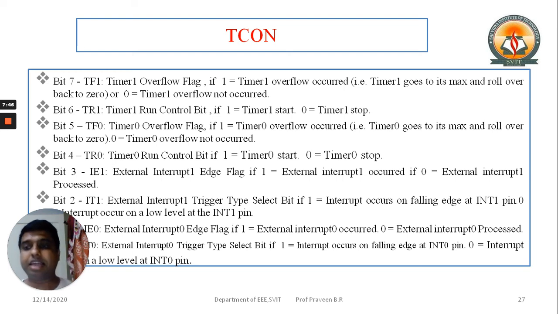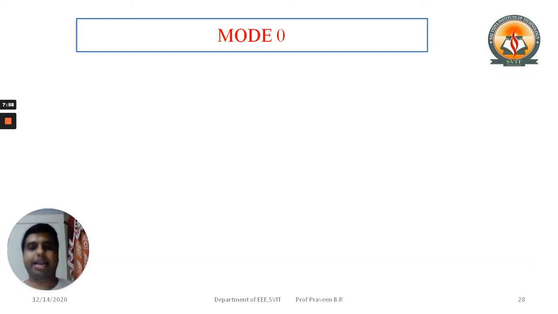Whereas IE1 and IE0 are the external interrupt pins. Whenever an external interrupt occurs, this pin is going to be high. Whenever there is no external interrupt, this pin is taken as 0. So this is about timers, and this is about the counters.